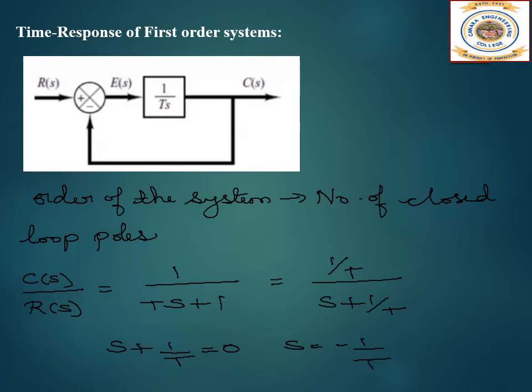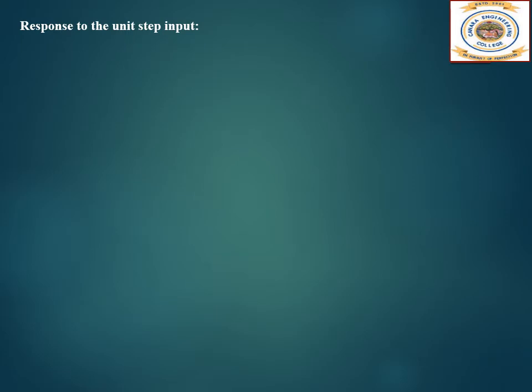So now next, let us find the response to the step input. Now we have got the transfer function here. Now we need to find the response to the step input. So let me write the transfer function of the first order system.